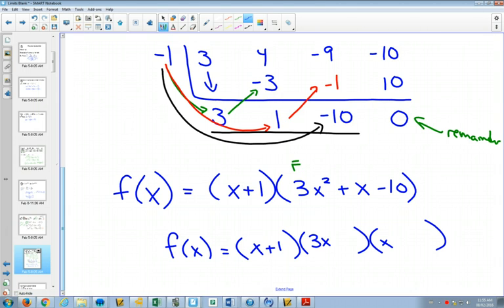For example, if I put the 5 here and the 2 there, when I multiply this out, can you see that the outside is going to be 15 and the inside 2? Does 15 and 2 ever make 1? No. But if I put the 2 here and the 5 here, my outside now is 6.